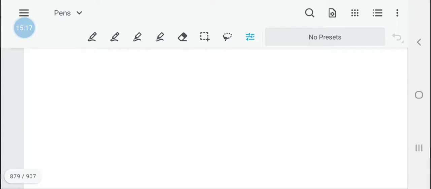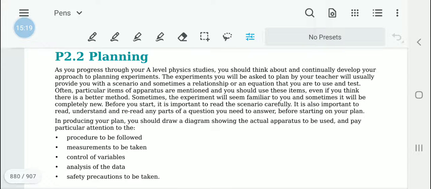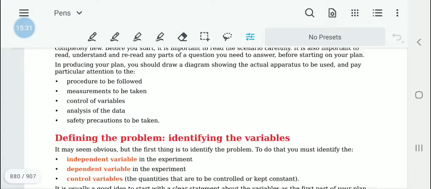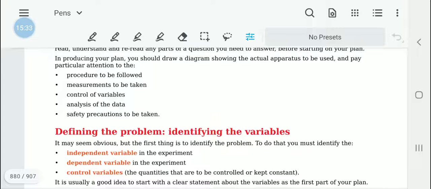When planning experiments, we need to first detail the independent variable, dependent variable, and control variables in order to identify the problem.